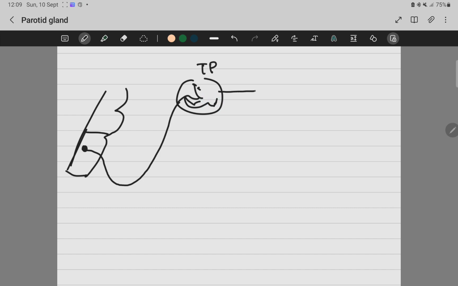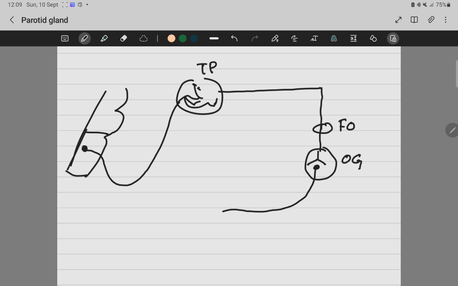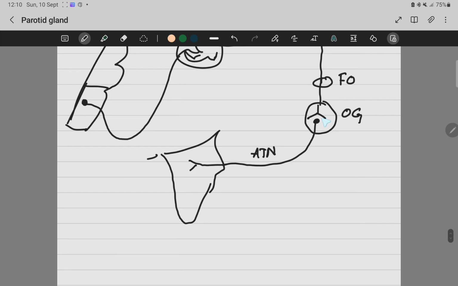Then it comes out as the lesser petrosal nerve, which enters the foramen ovale and reaches the otic ganglion. The postganglionic fibers arise from this. If this is the parotid gland, it reaches over here, and it travels to the auriculotemporal nerve. These are the parasympathetic fibers.